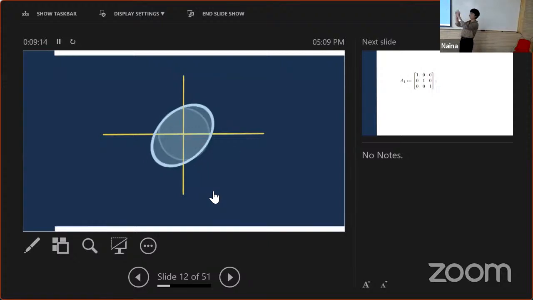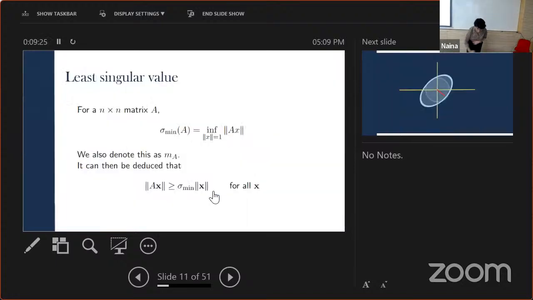Then we look at the smallest that a vector has been stretched or shrunk, and that value gives us the least singular value. In this case, it's essentially just the length of the red arrow out here. From this, we can deduce that the norm of every vector after a transformation is at least sigma times its length. So what we're saying is that no vector is shrunk beyond this least singular value for all the vectors in the space.